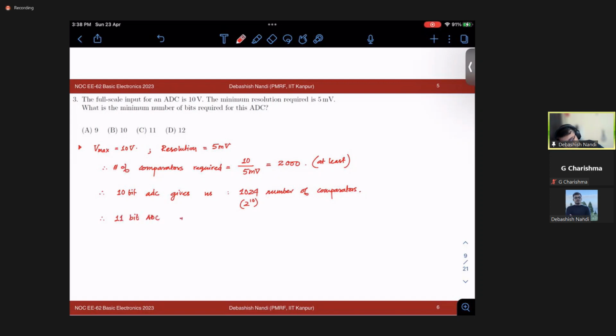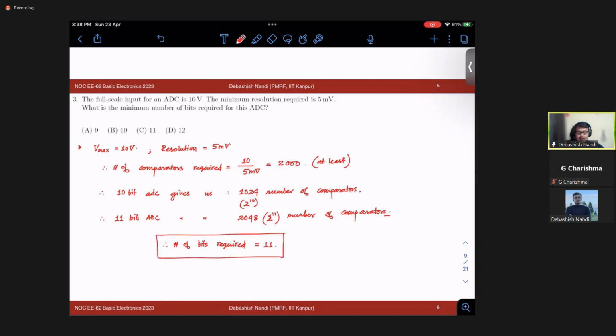So 11 bit ADC gives us 2048, or 2 to the power 11, comparators. Fine. So what is the number of bits required? Number of bits required are 11. So your C would be the right answer.